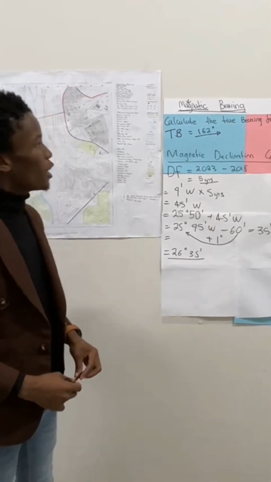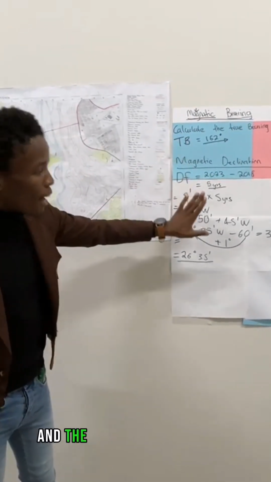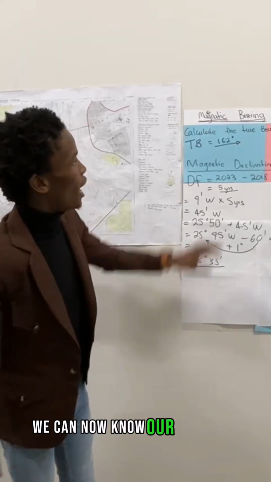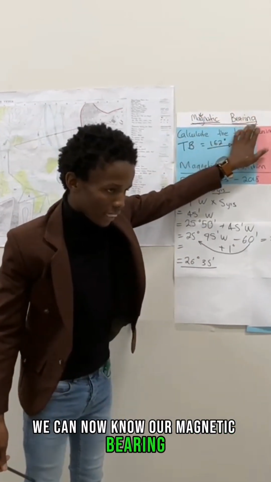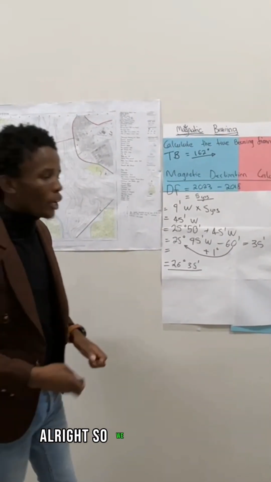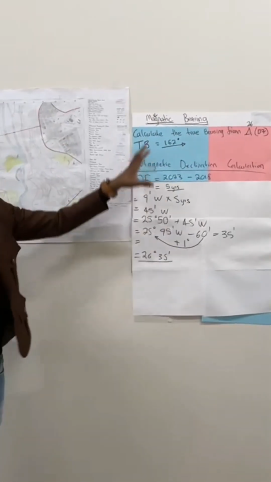Know that again, if we now have the true bearing and the magnetic declination, we can now know our magnetic bearing. Alright, so we have to unpack our calculations.